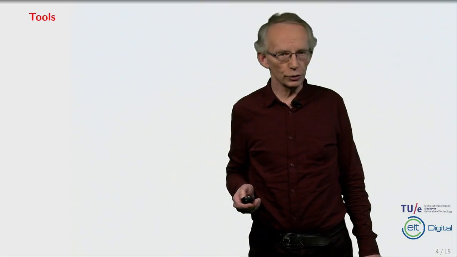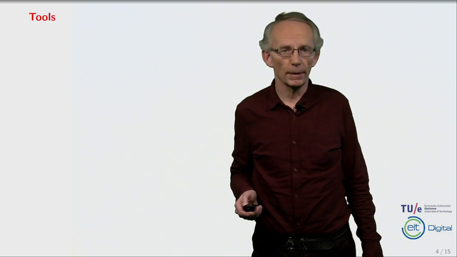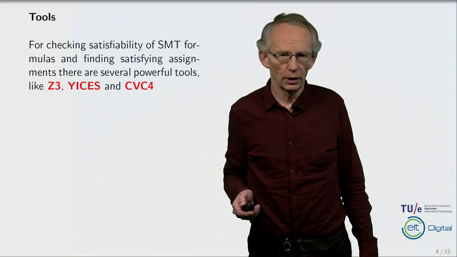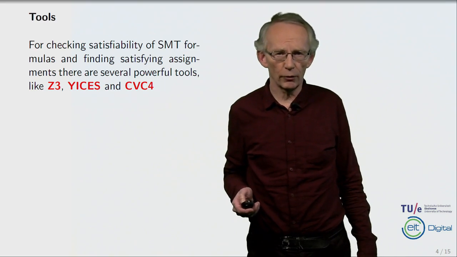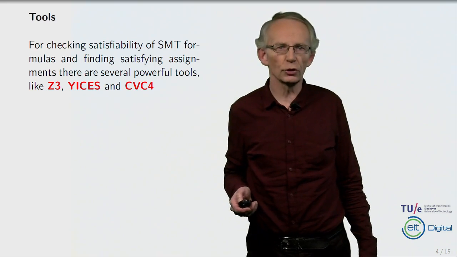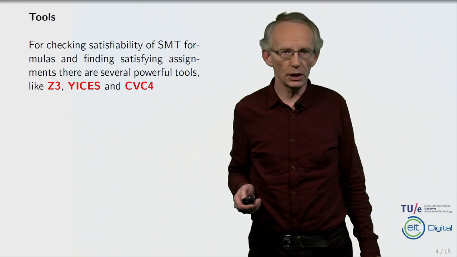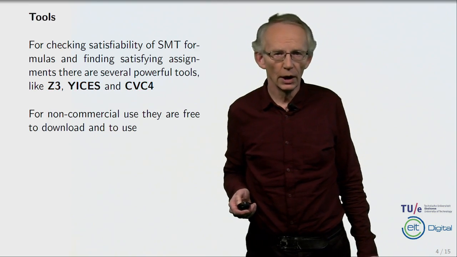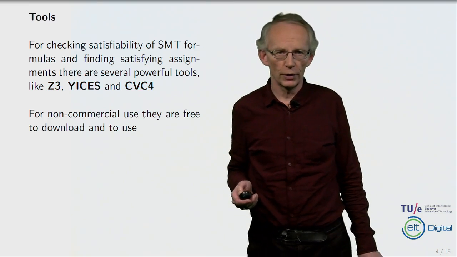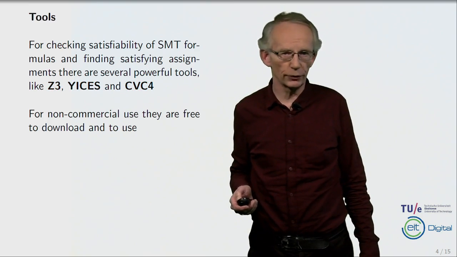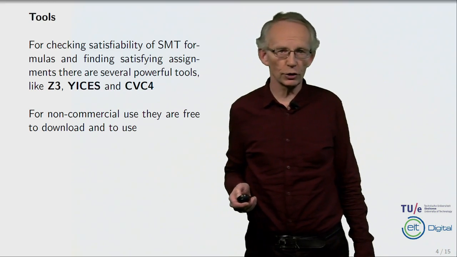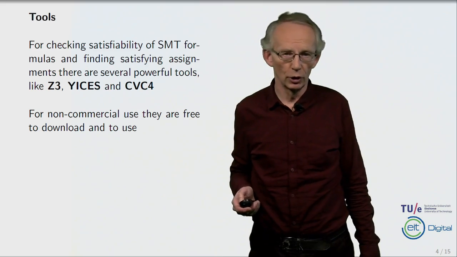There are tools to solve this kind of problems, and for checking satisfiability we have several powerful tools, SMT solvers like Z3, Yices and CVC4. And for non-commercial use they are free to download and free to use. You can see further instructions on how to do this, or you can also Google them.